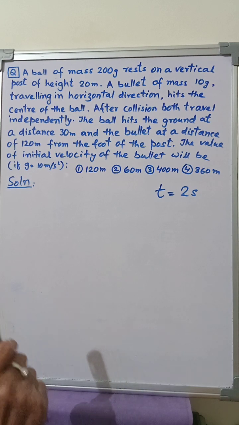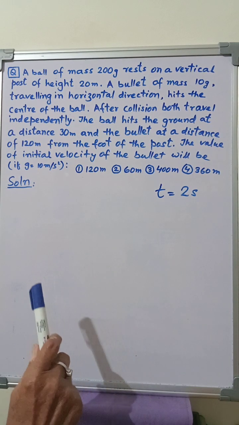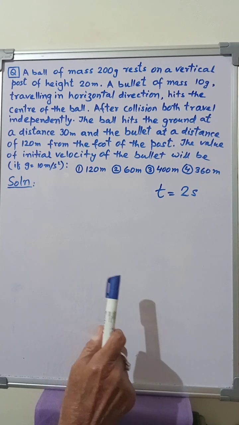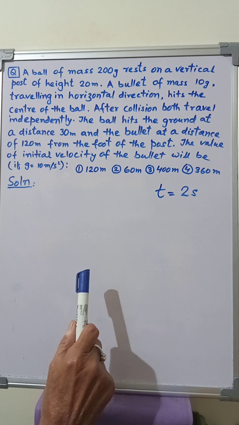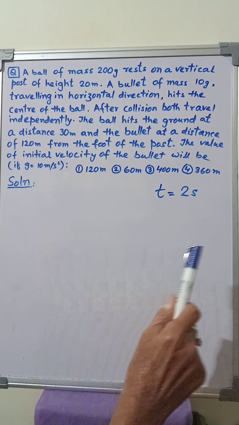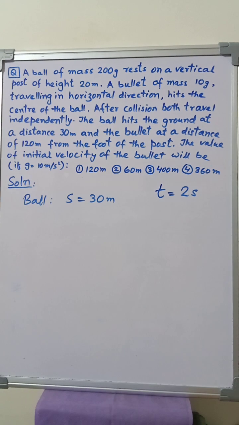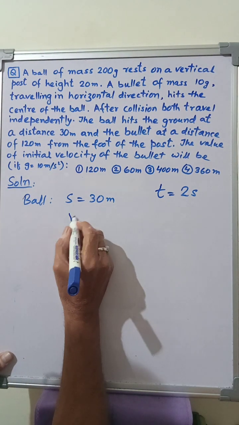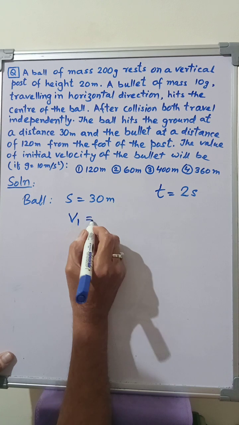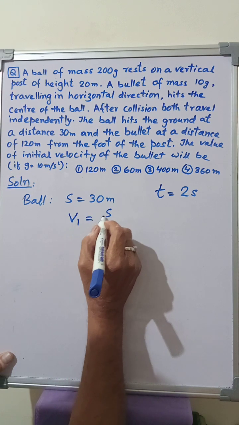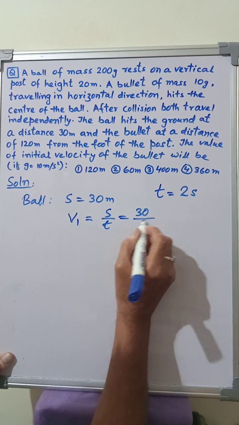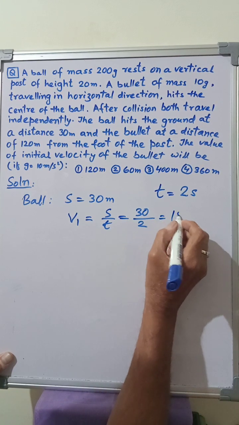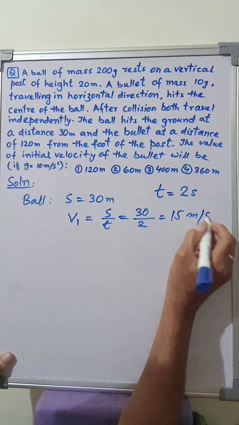The horizontal motion of both the ball and the bullet are uniform because the only acceleration acting on both is the acceleration due to gravity, which has no component in the horizontal direction. Therefore, velocity of the ball v1 is equal to s by t, which is equal to 30 meters divided by 2 seconds, which is equal to 15 meters per second.